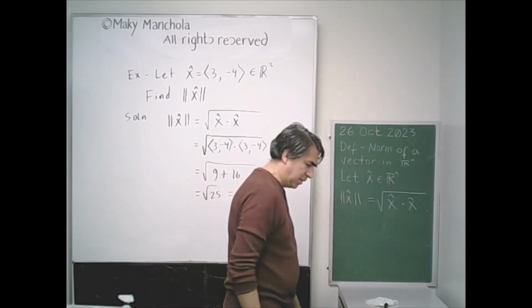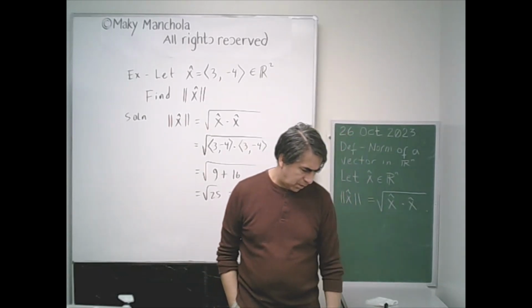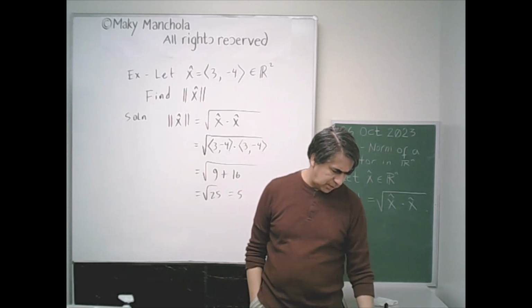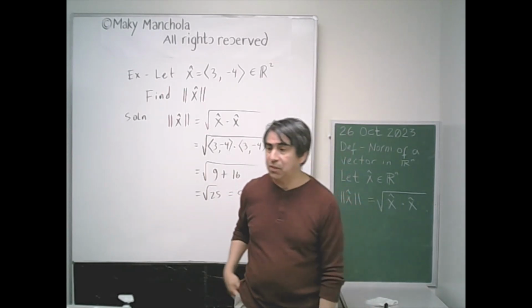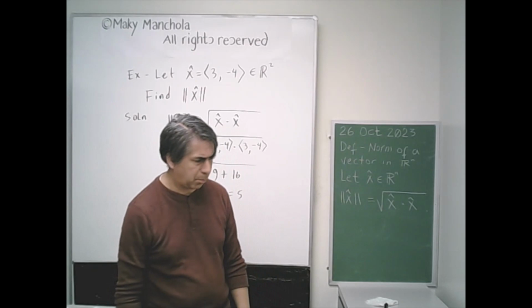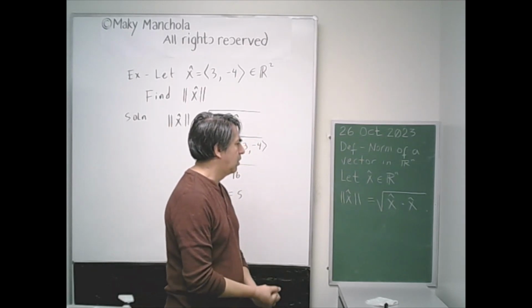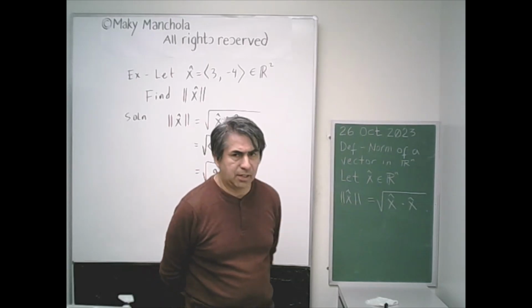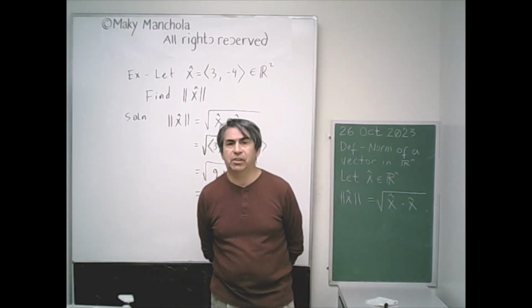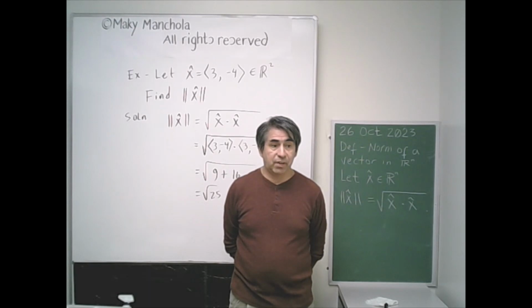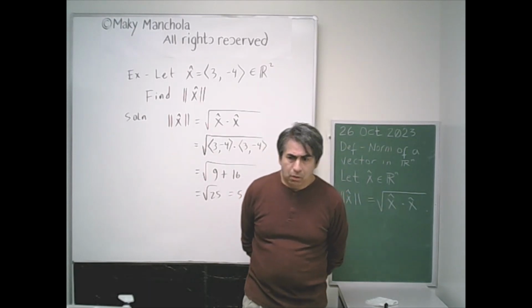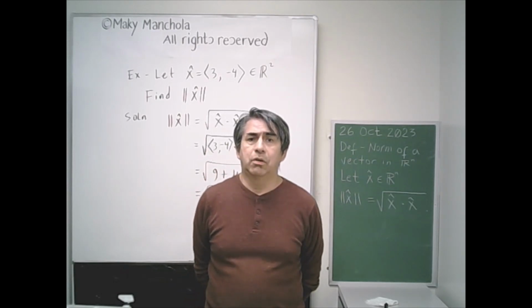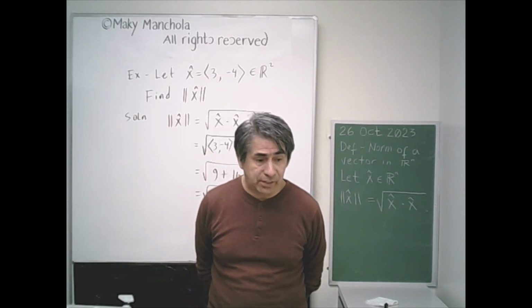All right. Let's write down a theorem, various properties of the norm. So the first property is that the norm of a vector is a non-negative value. Also, if you find that the norm of a vector is 0, that means that the vector is the 0 vector.